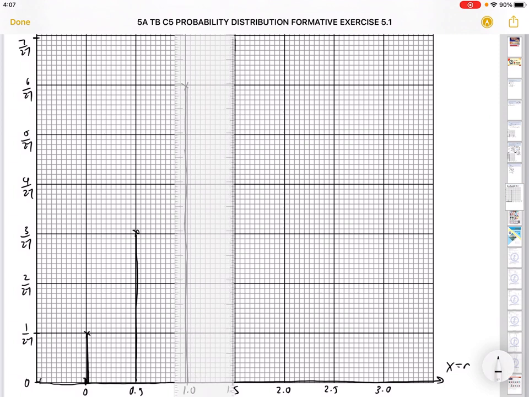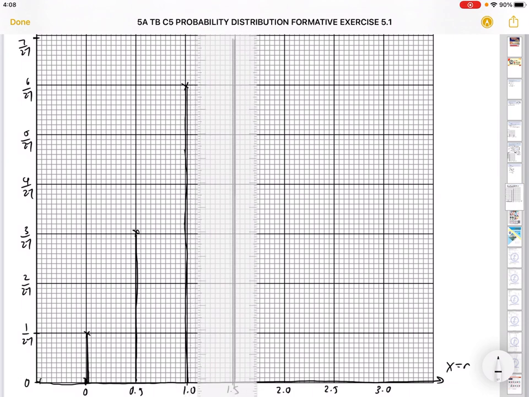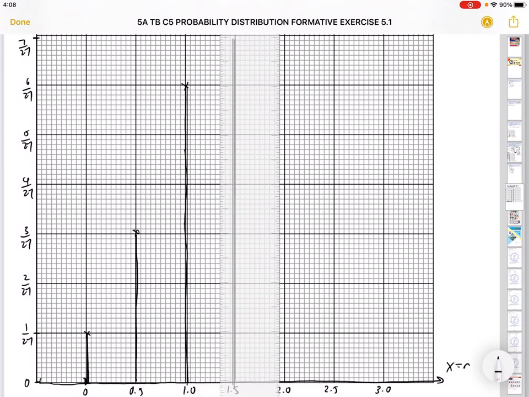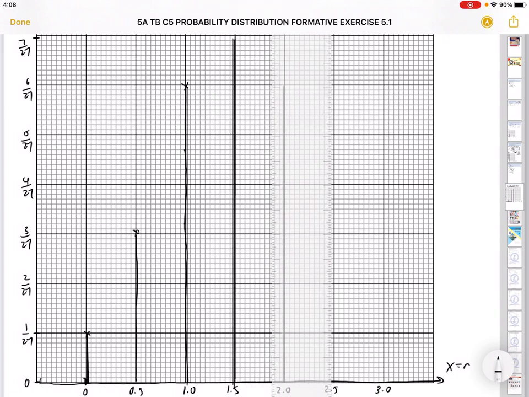Okay, and then the next one is for 2.0. I think I got 6 over 27. For 2.5 I've got 3 over 27, which would be here, and for 3.0 I got 1 over 27.